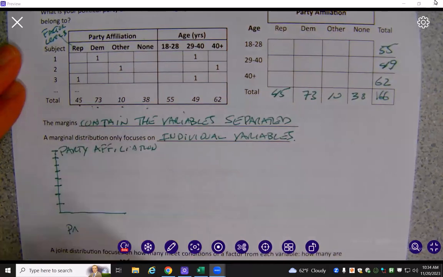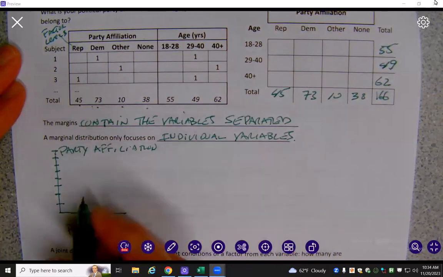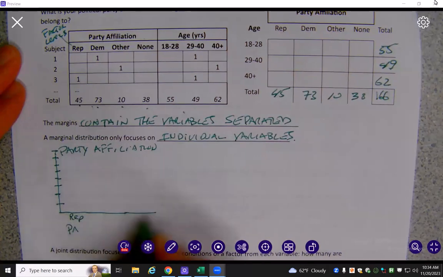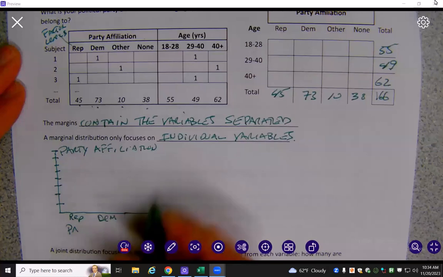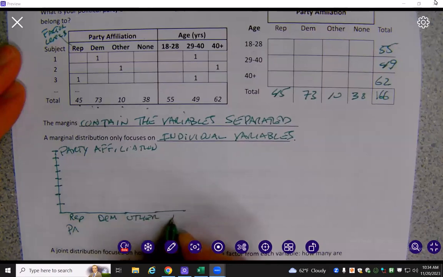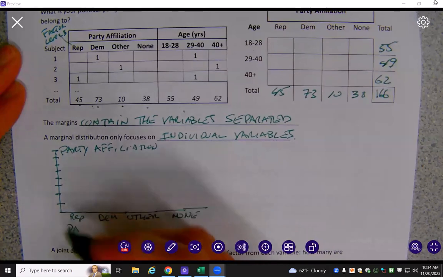So then, for example, I would have here party would be like, for example, Republican, Democrat, other, none. So then we just create a little bar graph.